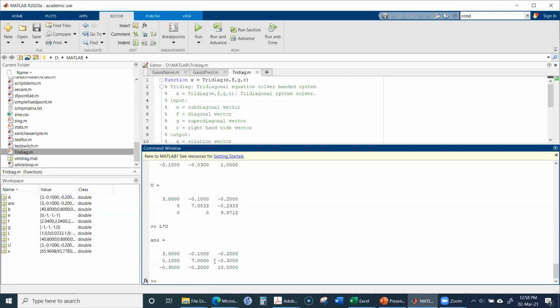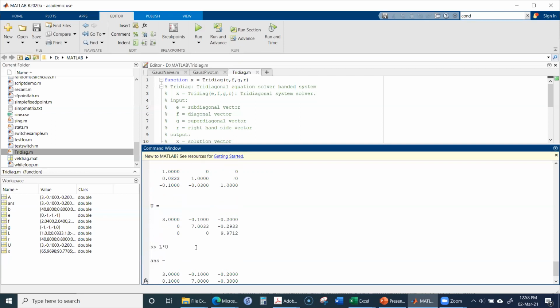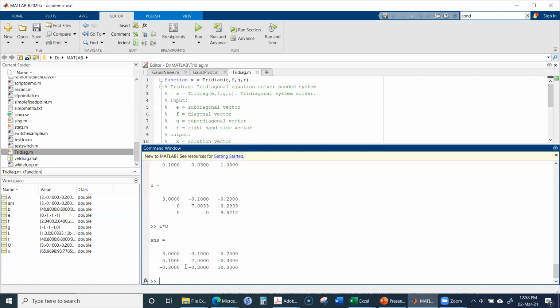L times U should be our original matrix A: 3, minus 0.1, minus 0.2, and so on. We can logically verify it as well, checking whether L times U is double equal to A. We should get all 1s, since 1 is for true, but here I am getting something like 0, which is a little bit strange.